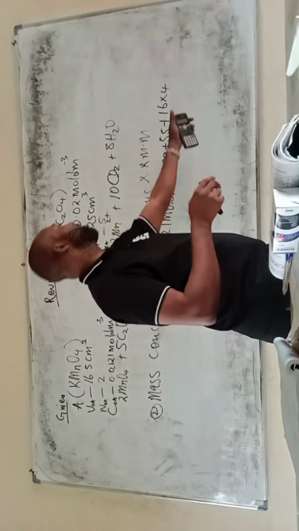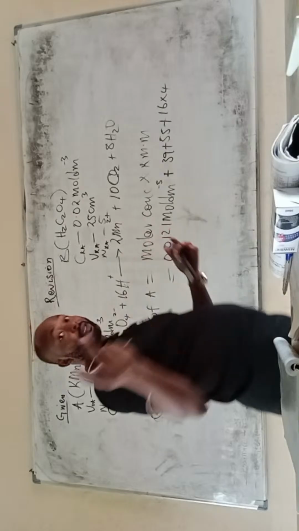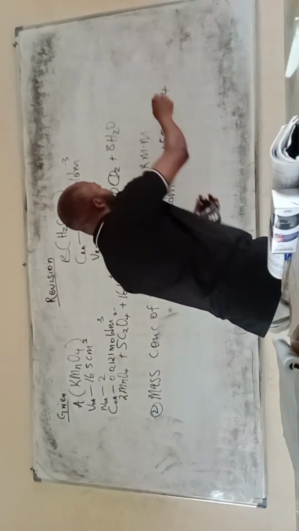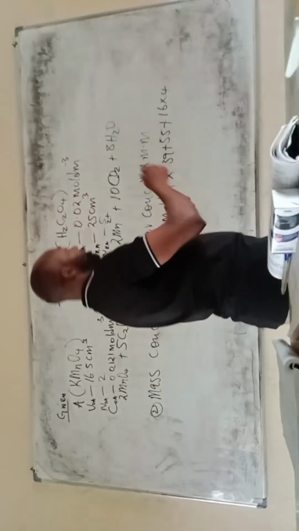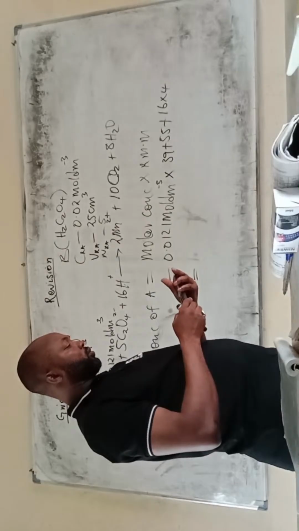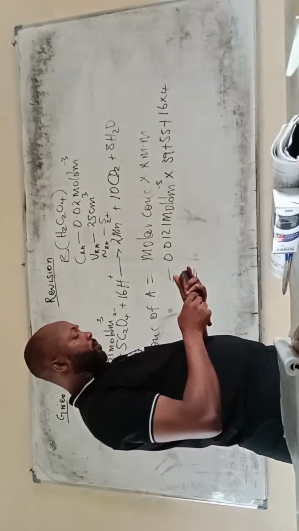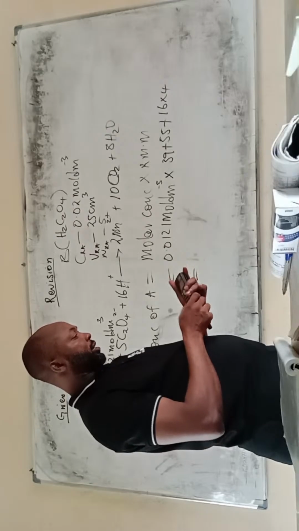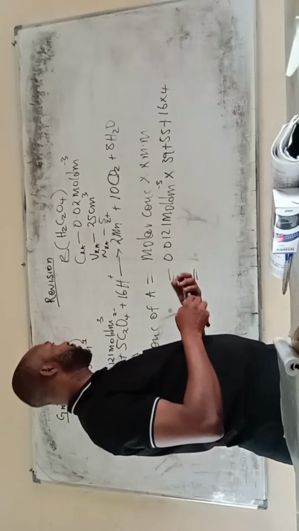First of all, let me calculate this. We are going to multiply this, but let's find out this first. 16 times 4 equals 64, plus 55, plus 39, which is 158.